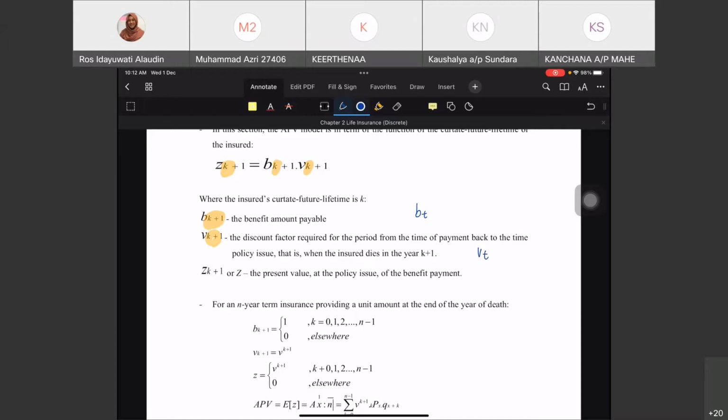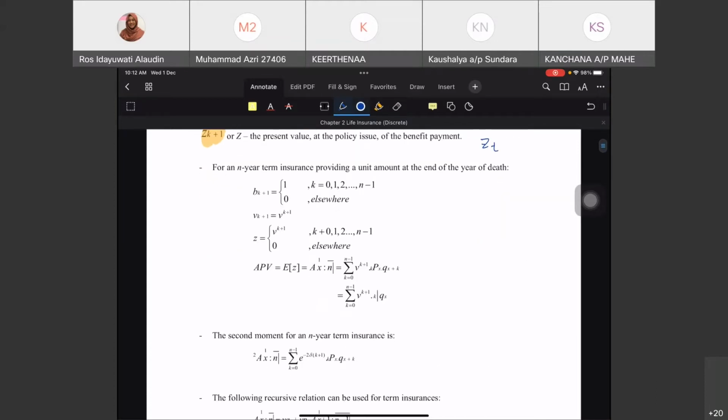K plus 1 means that when death happens from K to K plus 1, we will pay at K plus 1, at the end of the year. And then ZK plus 1 is the present value of the benefit of the policy. Before this, we used ZT.